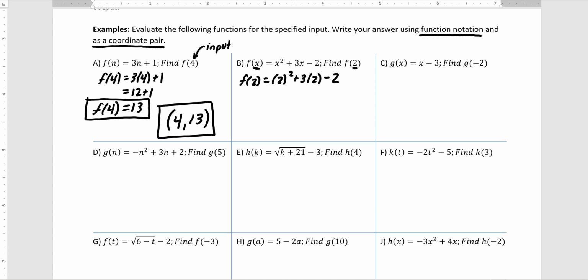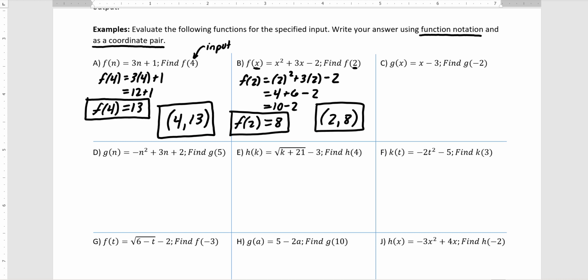So I'd say 2 squared, 2 times 2 is 4, 3 times 2 is 6, and then minus 2. 4 plus 6 is 10, 10 minus 2 is 8. So we find that f of 2 equals 8. What that says is for function f, if you put in 2, you get out 8. All right. Now, as a coordinate pair, that would be the point 2, comma 8. There we go. Let's try another.